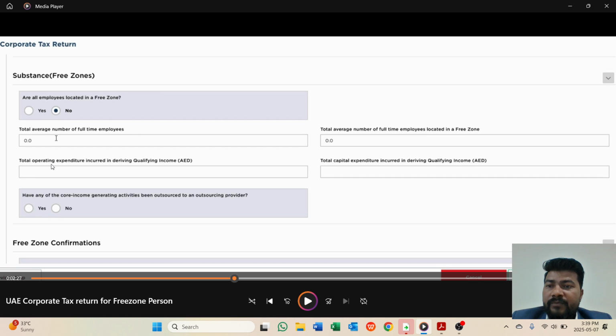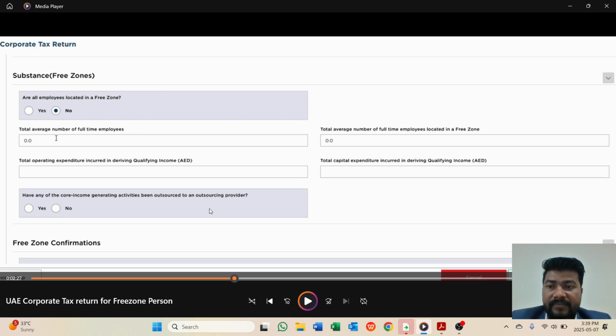Then how much total expenditure you are incurring for deriving qualifying income, and total capital expenditure in deriving qualifying income.